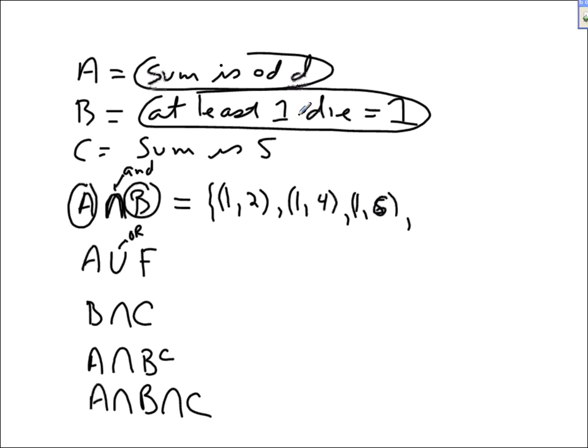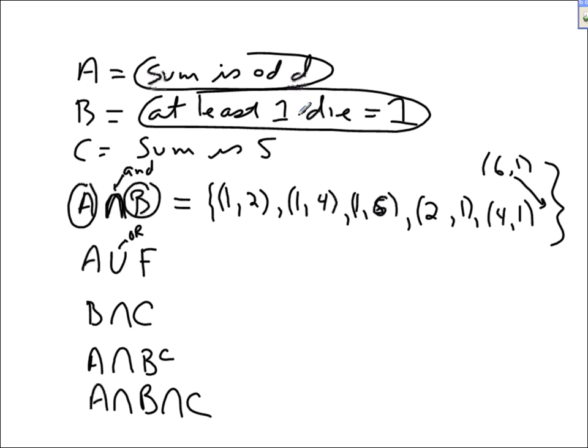Or the second die could have been the 1. At least one die is 1 means one die is 1, or both dice can be 1. Well, if they're both 1, that adds up to an even number. 1 plus 1 is 2. So the second one can be 1, and to make it odd, I have to get a 2, or a 4, or a 6.